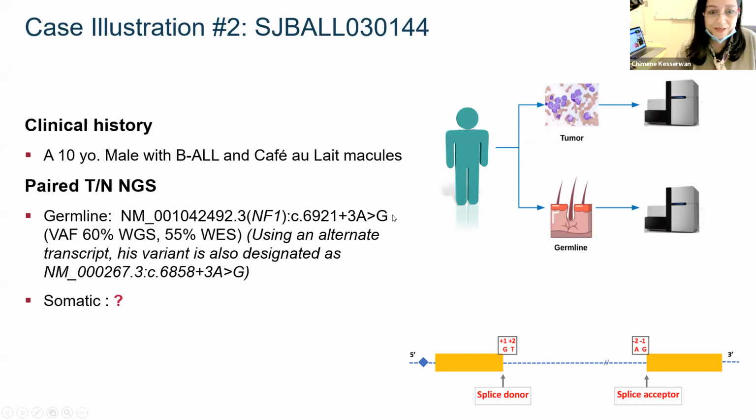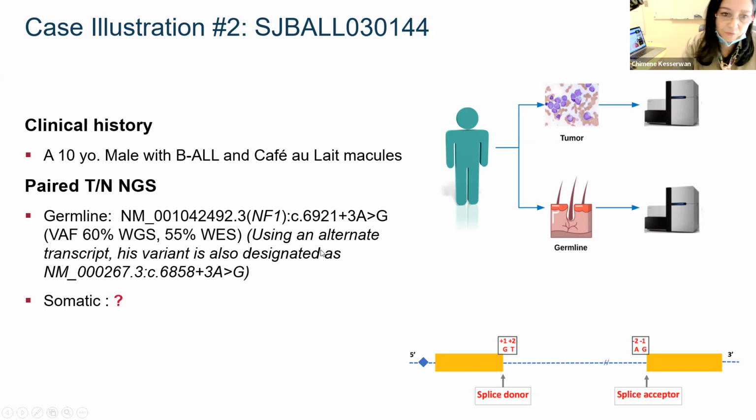And so we need to be careful and we need to start to look at evidence. How do we call this variant and what evidence do we have? I want to bring to your attention that if you have a transcript and you don't find the variant, look at the canonical transcript and at the alternate transcript.